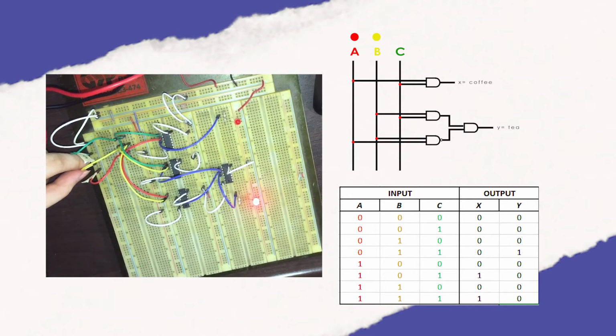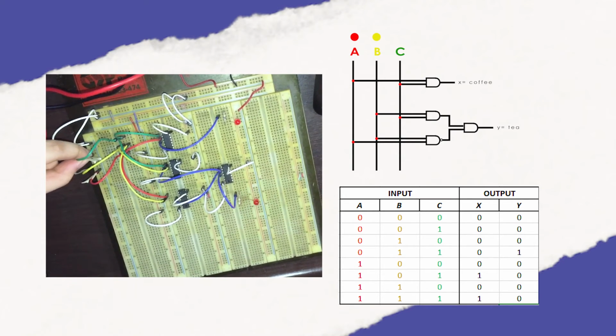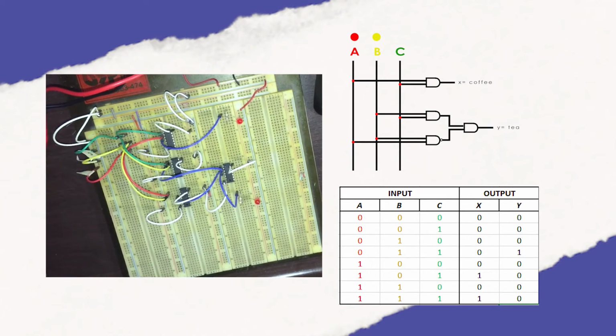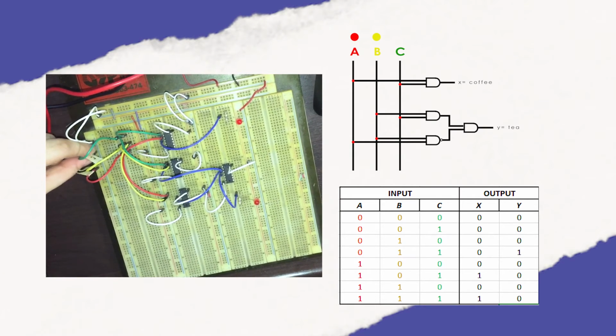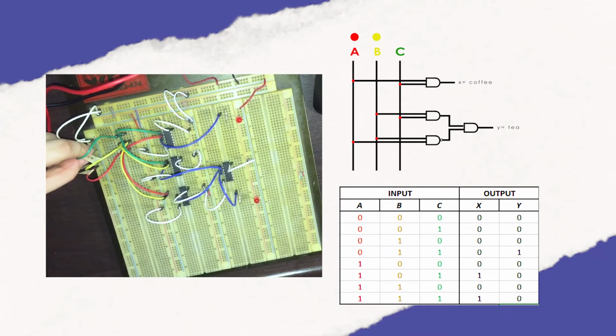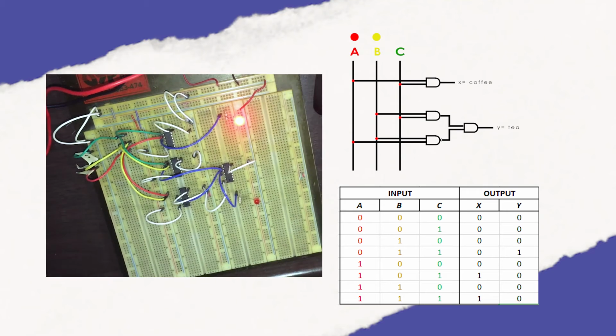If I've pushed only the button for the coffee, but I didn't put any coin, of course I wouldn't get any output. And if I put a coin and push the button for the coffee, I would get coffee.